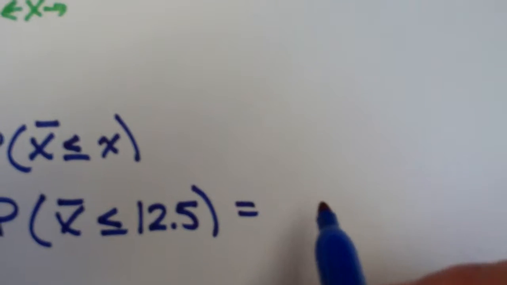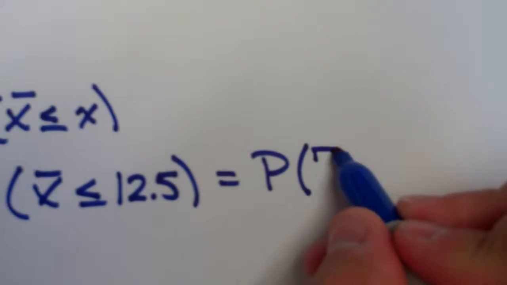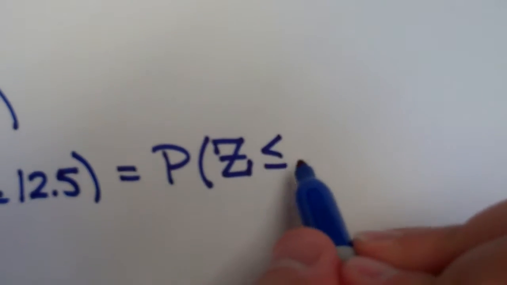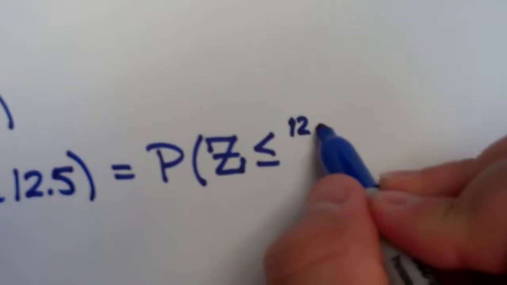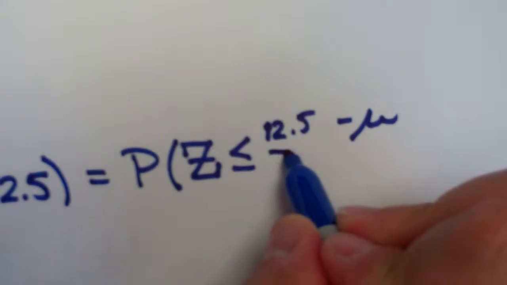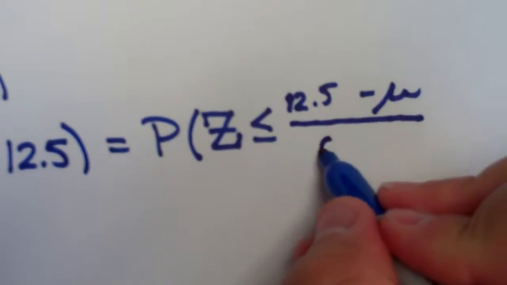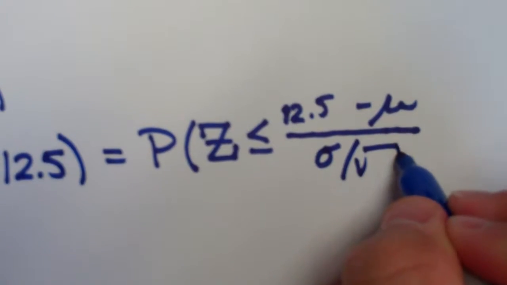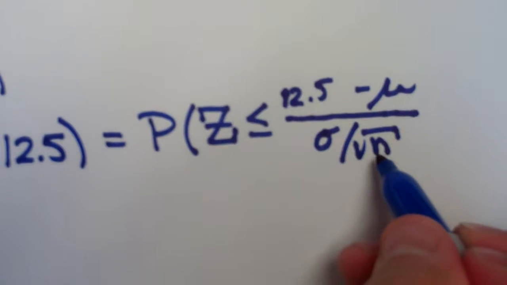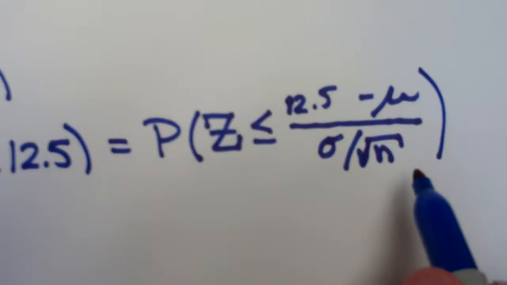We would solve this the same way as we've done any other problem related to the normal distribution, where we transform our x bar into z. The difference is that in the numerator, we subtract mu, because mu is the same for x and x bar. In the denominator, we take the square root of our variance, sigma squared becomes sigma, and the n in the denominator becomes the square root of n. And so that becomes our denominator.